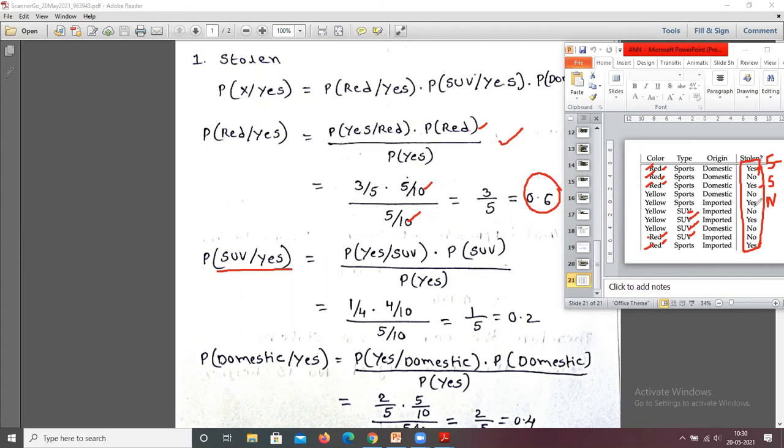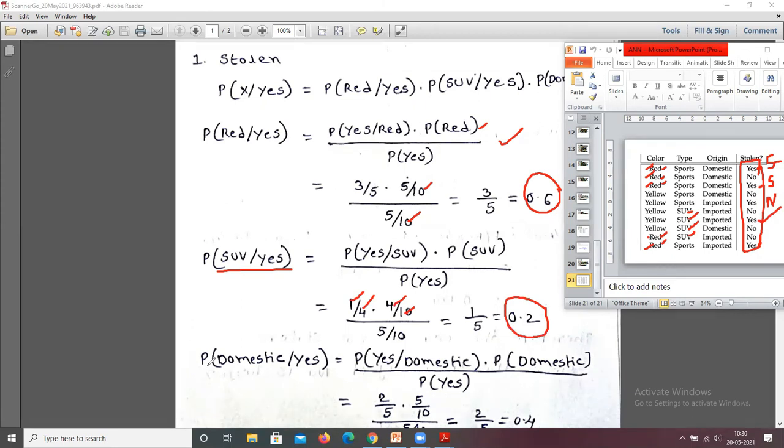In these 4, only one is S. So it is 1 by 4, into probability of SUV: total cars are 10, and 4 are SUVs, divided by probability of S, which is 5 by 10. We already discussed that. If you calculate this, the value of probability of SUV given S is 0.2.